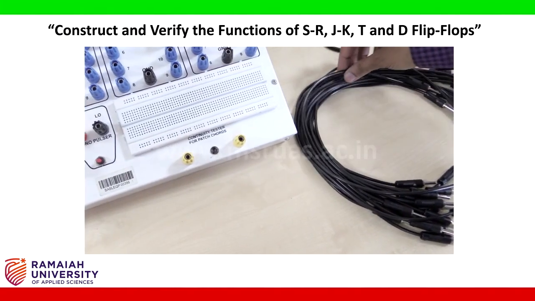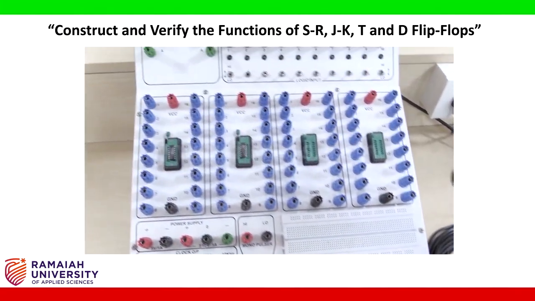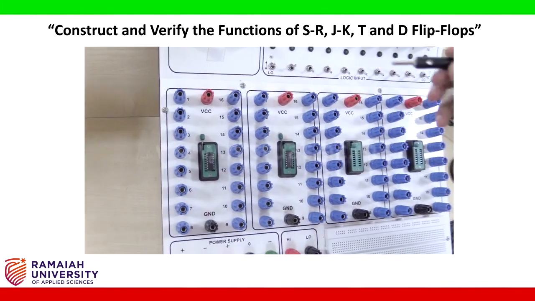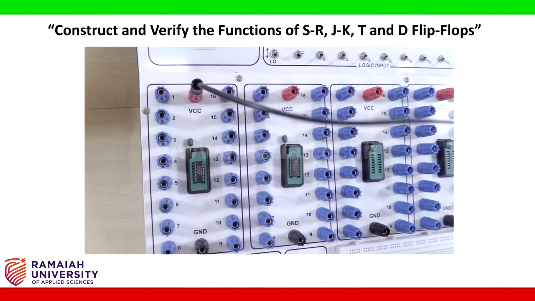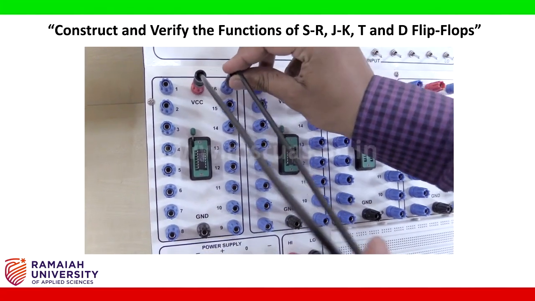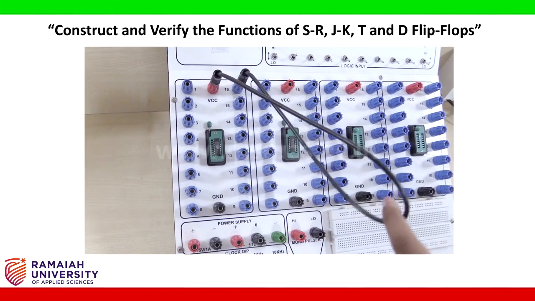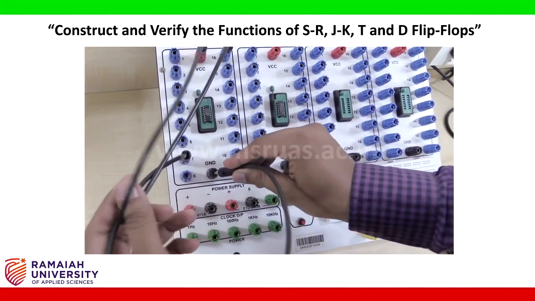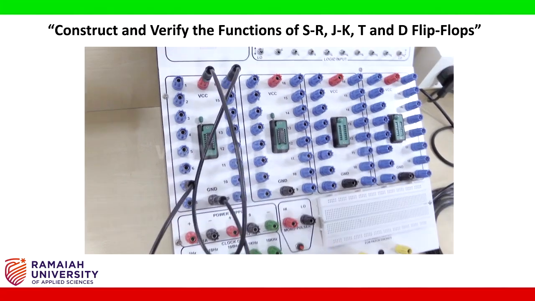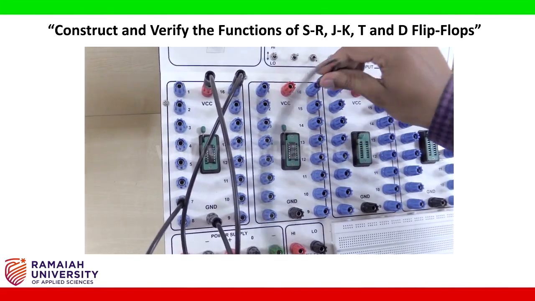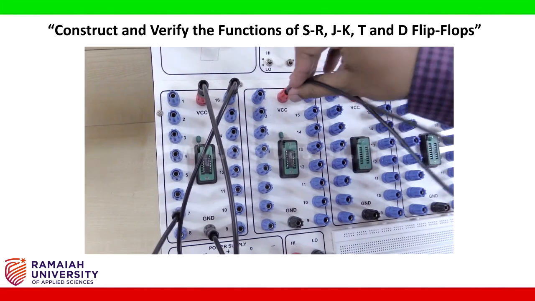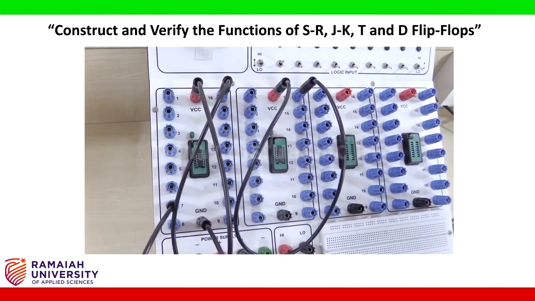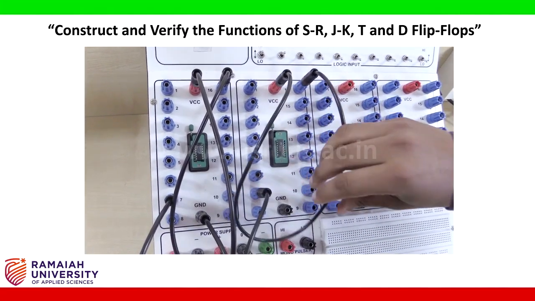Now let us connect the circuit as per the logic diagram. Before I connect the circuit, I will connect VCC and ground for each IC base. Pin number 14 represents VCC and pin number 7 represents ground. Similarly for IC base 2, pin number 14 represents VCC, pin number 7 represents ground.